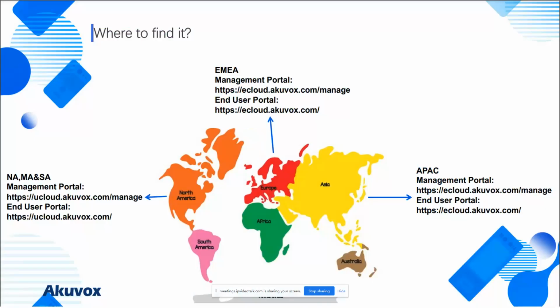Our Smart Plus Cloud will host three main servers, and these three main servers will supply three different regions. Firstly will be North America and South America, on the left side. This will be our U clubs, and following will be EMEA. EMEA mostly supports Europe servers or Russian servers.